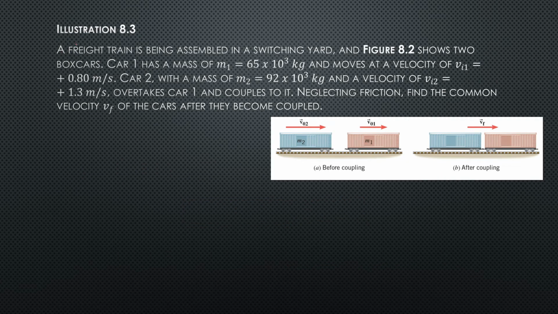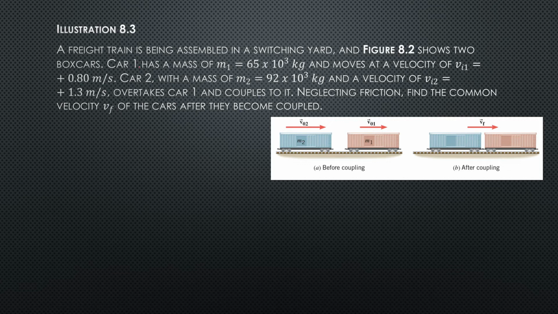So illustration 8.3. A freight train is being assembled in a switching yard as shown in figure 8.2. It shows two box cars before coupling, so these are the box cars, boxcar 1 and boxcar 2.